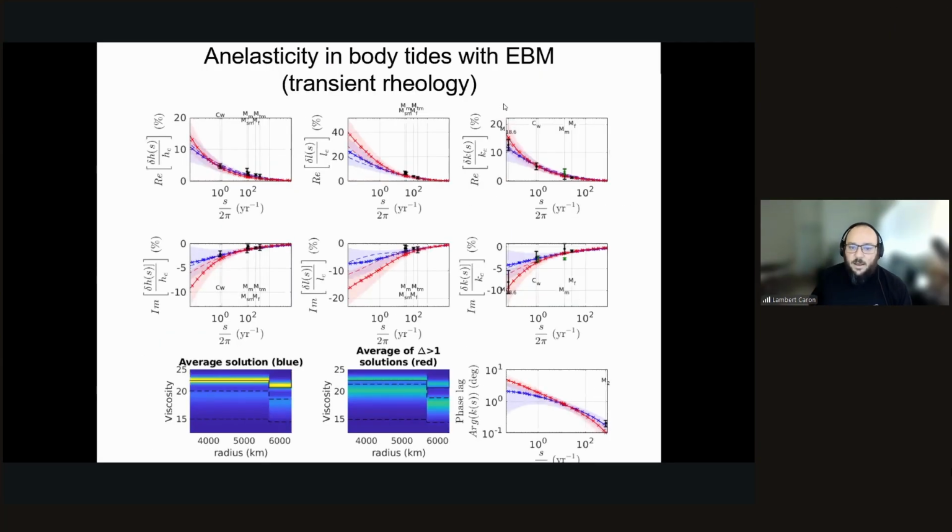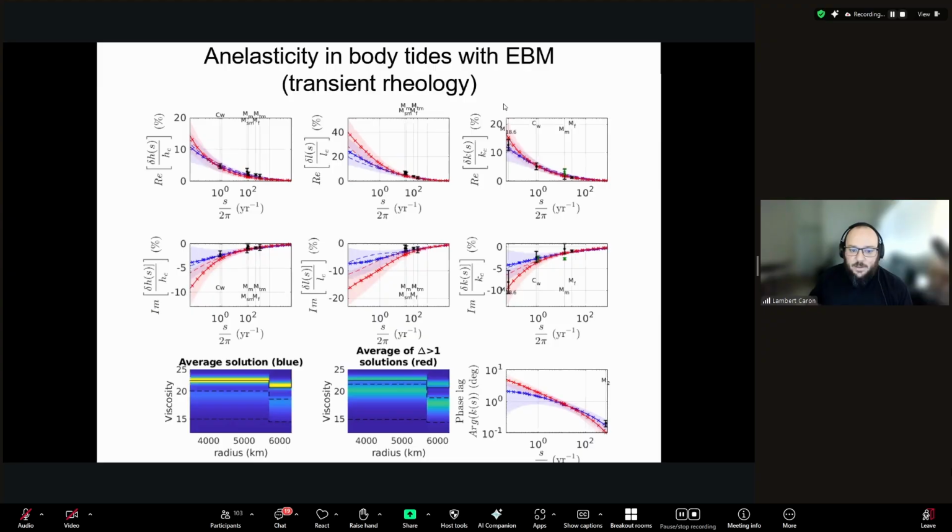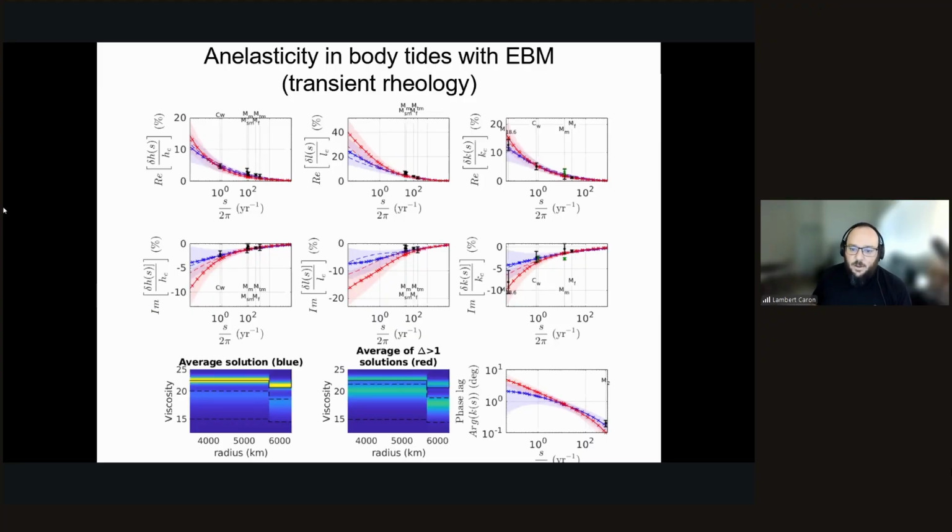So we have investigated that in our team with ISSM, computing the range of anelastic deformation that can be generated using the extended Burgers model, a transient rheology model, and using a Monte Carlo with Markov chains approach, we can see what range of parameters work to explain all of this data.